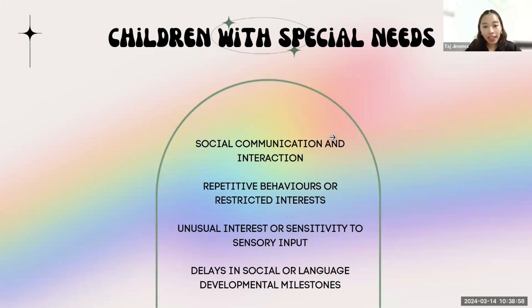So, a child may have social communication and interaction that can be a bit troublesome, like not responding to others in an expected way. For example, if a child is sitting down and someone says a loud hello, hello there, and he gets disrupted and starts crying, that's unexpected.